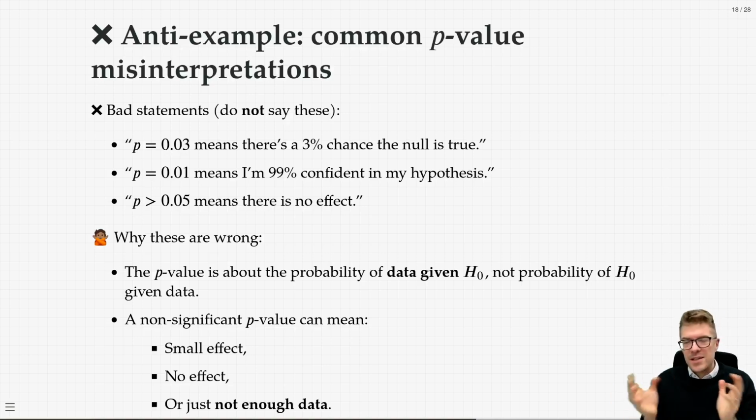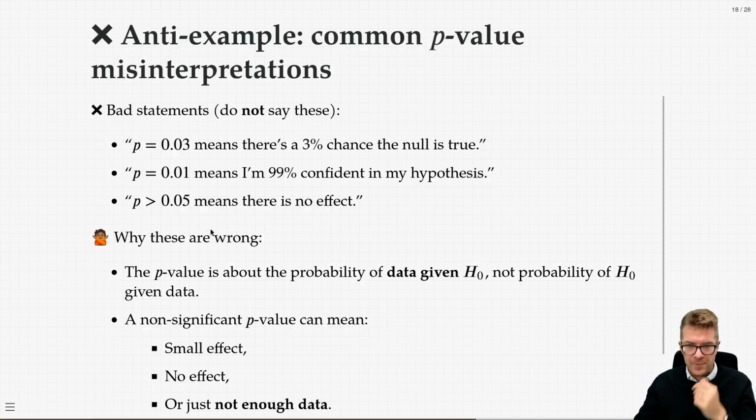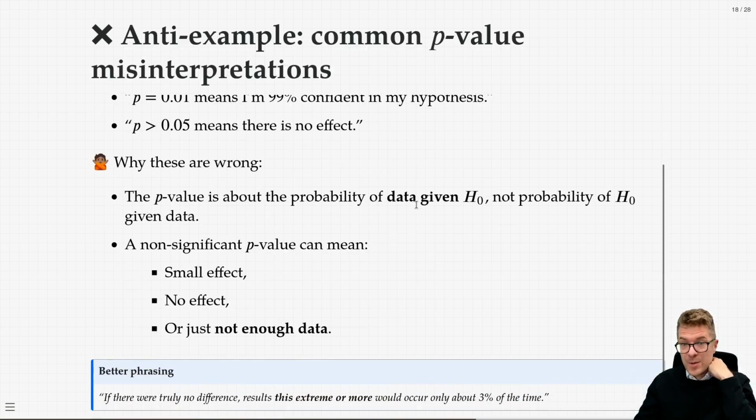Okay, this is actually the most important one of these. You took a particular sample, you look at the mean of that sample, that particular mean doesn't look very weird. It doesn't mean that now you've proven H sub 0. You haven't done that. The p-value is about the probability of the data given the null hypothesis, not the probability of the null hypothesis given the data.